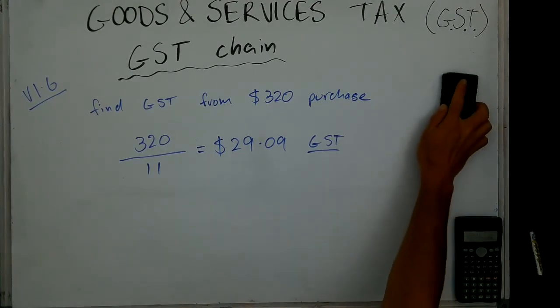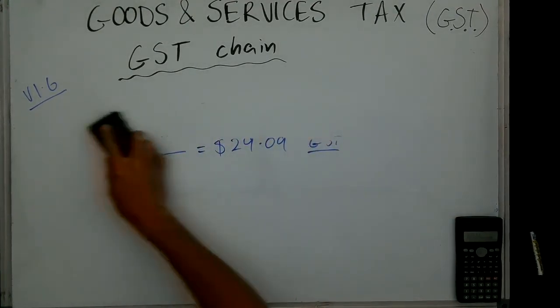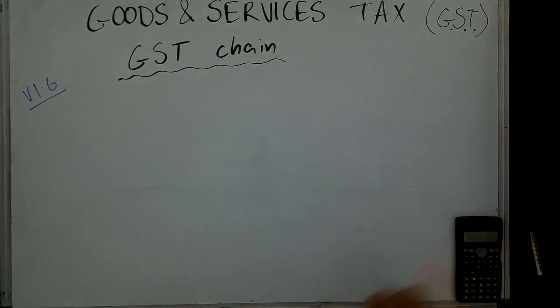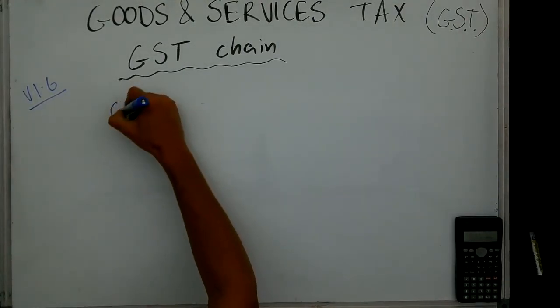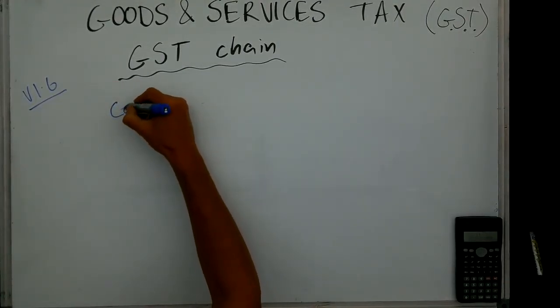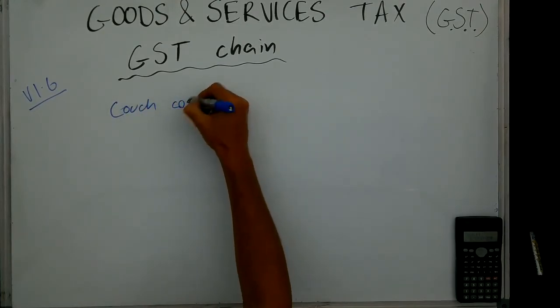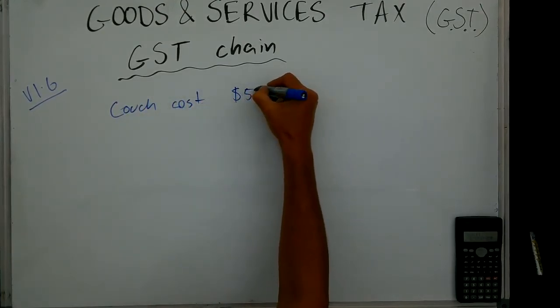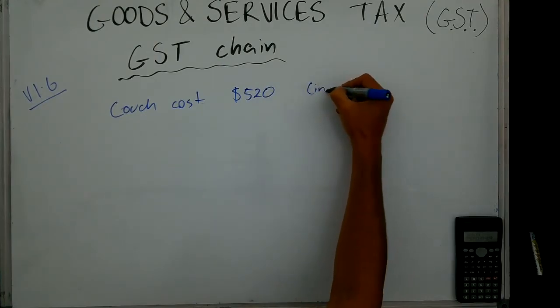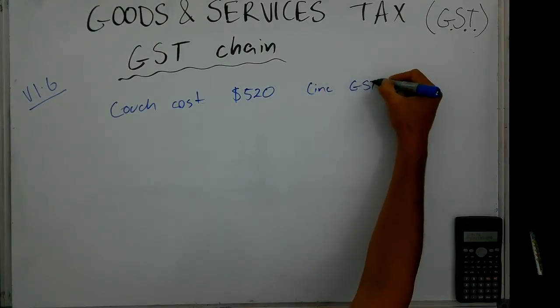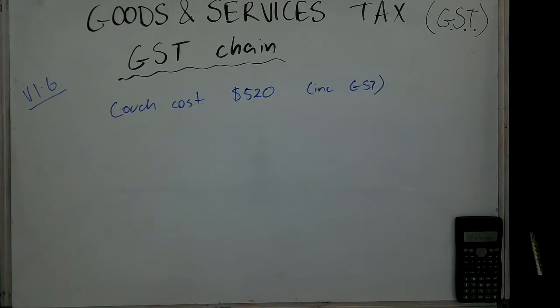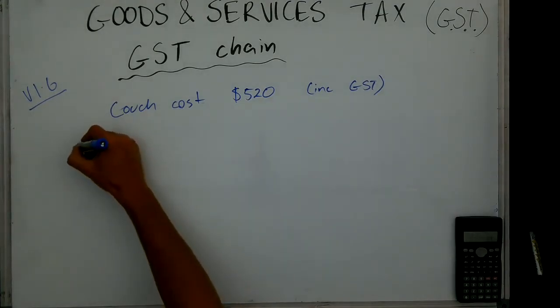So the next example here, I'm just going to rub that out. A wholesaler charges a retailer $520, including GST, for a lounge couch. So a couch, $520, including GST. How much GST was involved in the transaction?